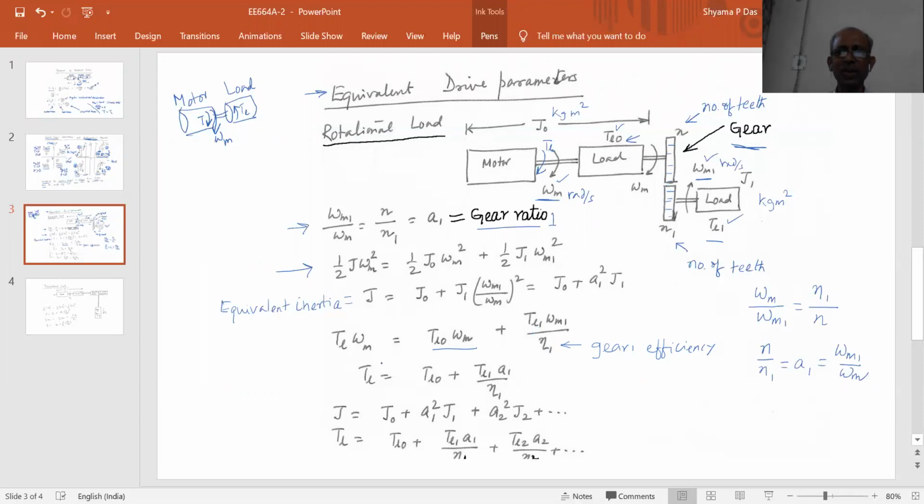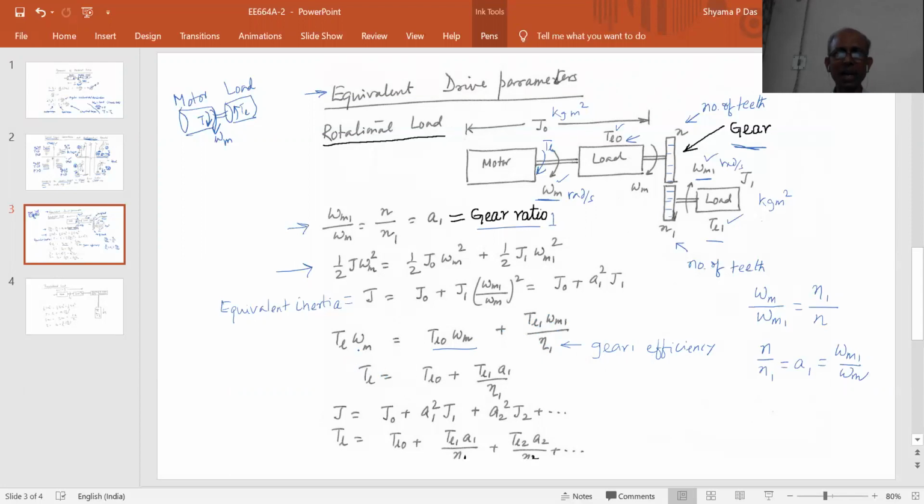So the power which has to be supplied by the motor is higher than the power consumed by the load, because of the finite efficiency of the gear, which is less than 1. So TL1 into omega m1 by eta 1 is the power which will be supplied by the motor.